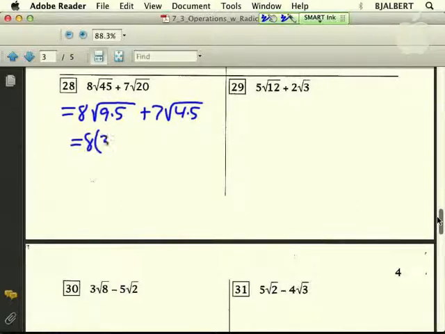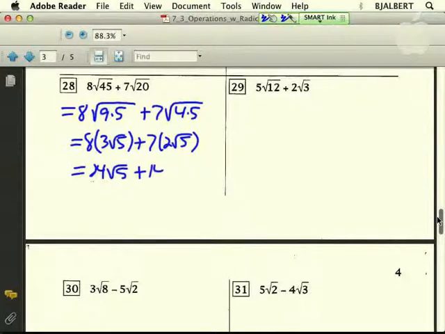So 8 times 3 square roots of 5 plus 7 times 2 square roots of 5, which will be 24 square roots of 5 plus 14 square roots of 5, which is 38 square roots of 5.